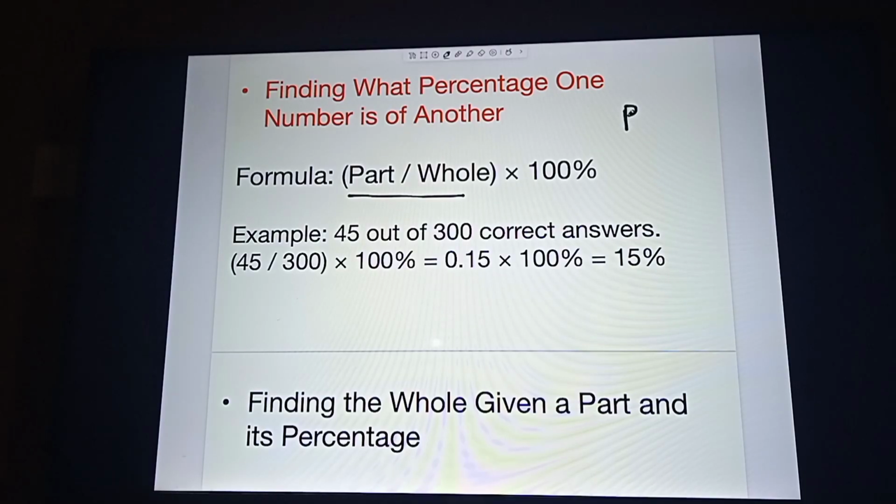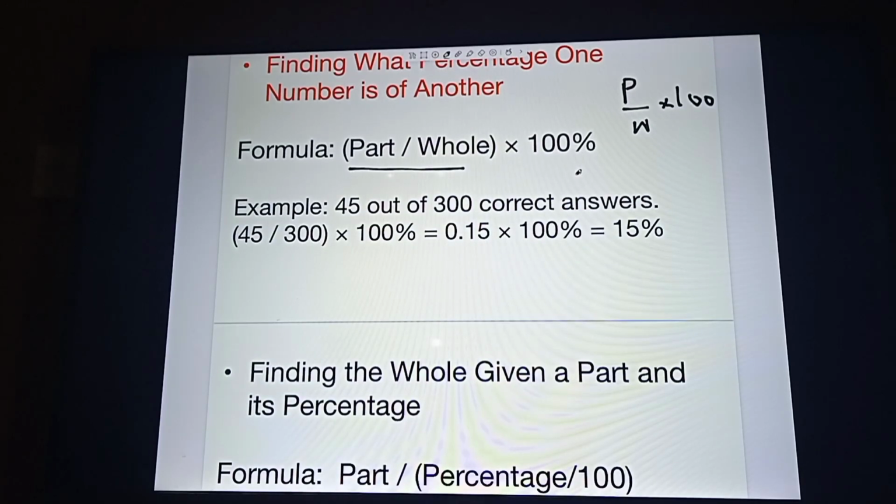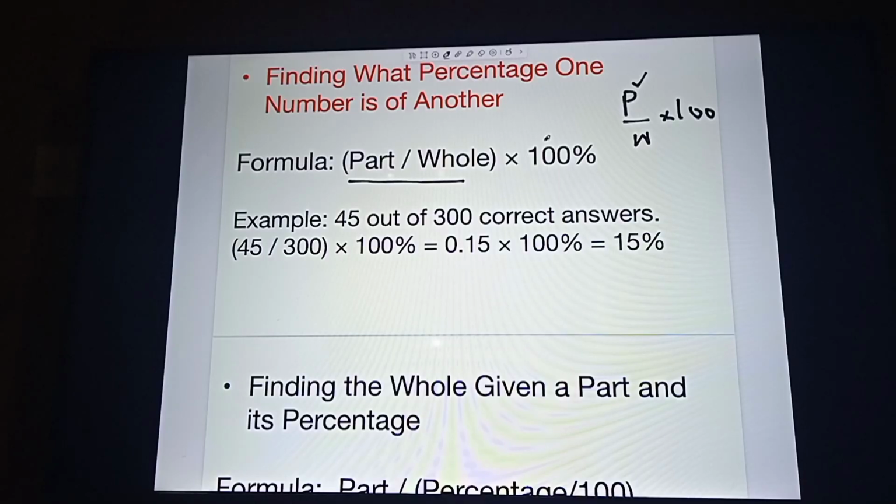That is part divided by whole and then multiply by 100 to get the percentage. In this case, the part represents the smaller value. The whole represents the total value.